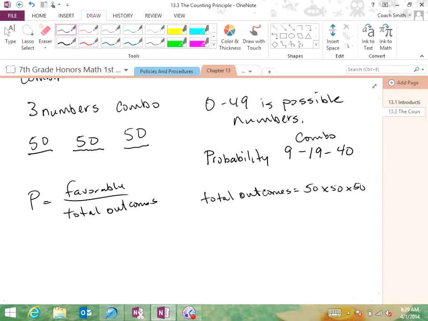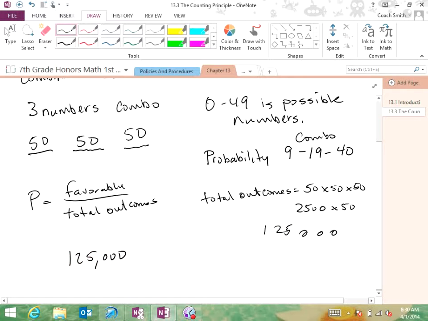We know 50 times 50 is 2,500, so that would be 2,500 times 50, which gives 125,000 possible combinations. And there's only one that we want. So the probability that you guess 9, 19, 40 would be 1 in 125,000.